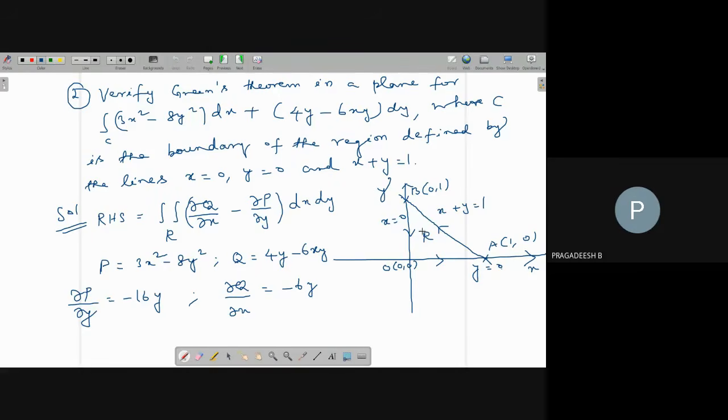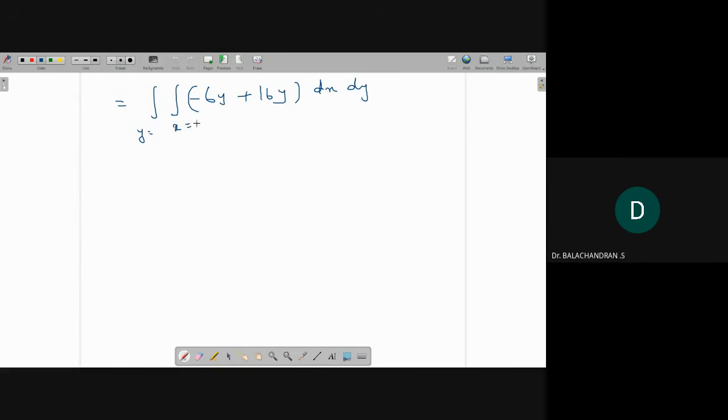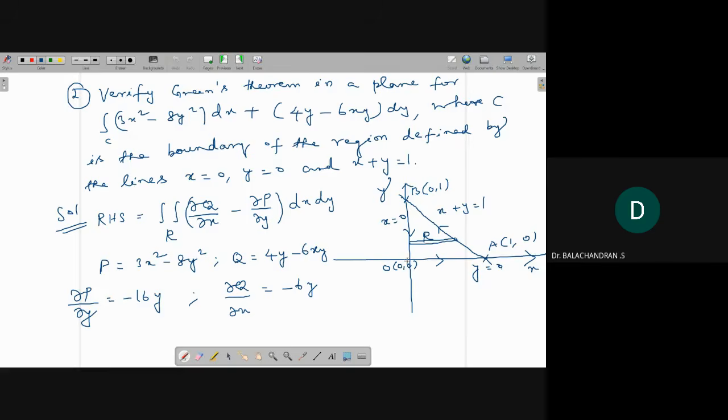Yeah, 0 to 1 minus y. If we take a strip parallel to the x-axis, here x is equal to 0, here x is equal to 1 minus y. So x is 0 to 1 minus y, and you should move the strip horizontally.